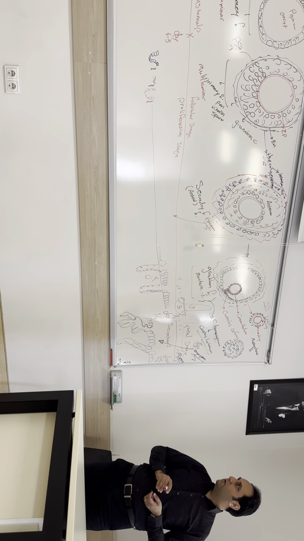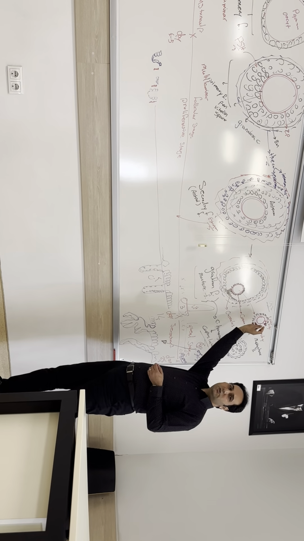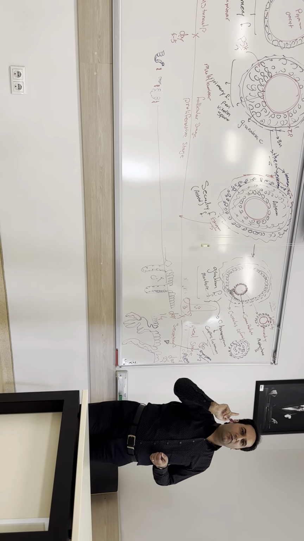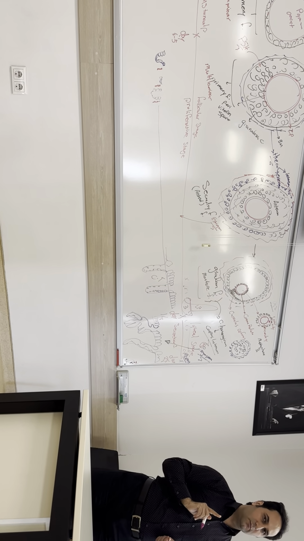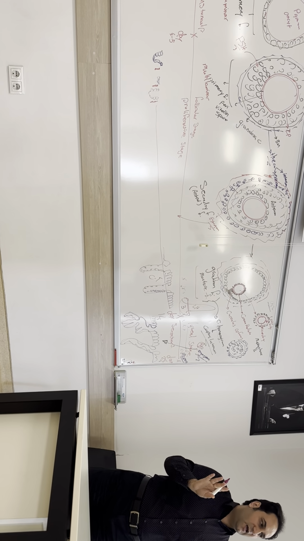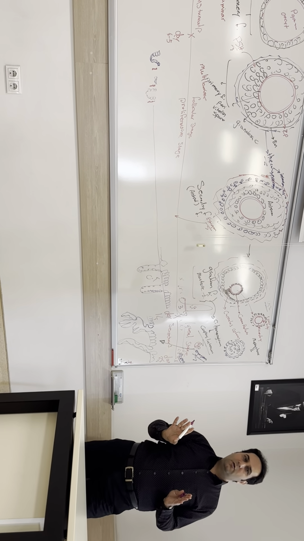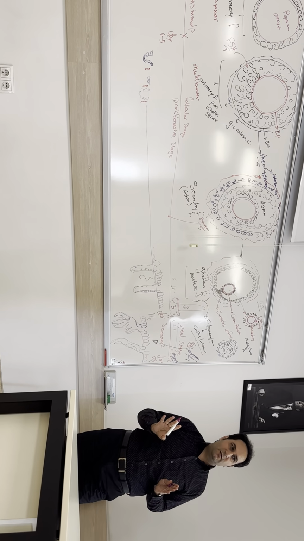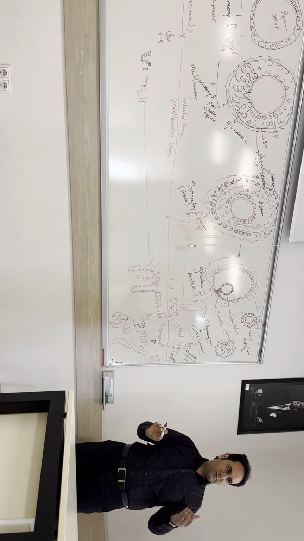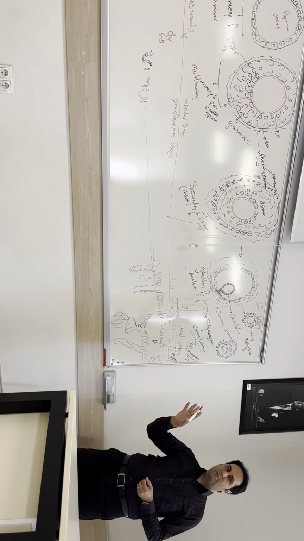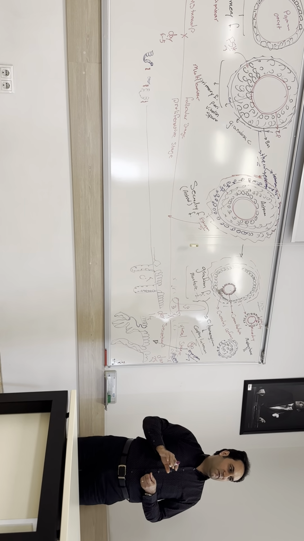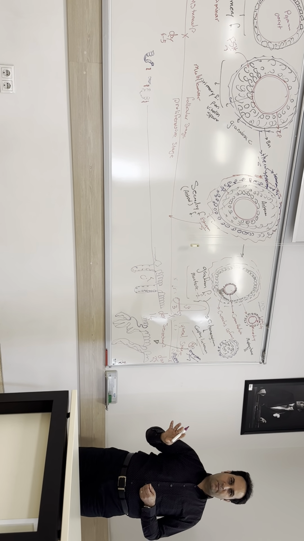Why? Because our oocyte can be alive for only 24 hours. We only have 24 hours for fertilization and pregnancy. If sperm are present in that part, fertilization occurs. If not, fertilization does not occur.